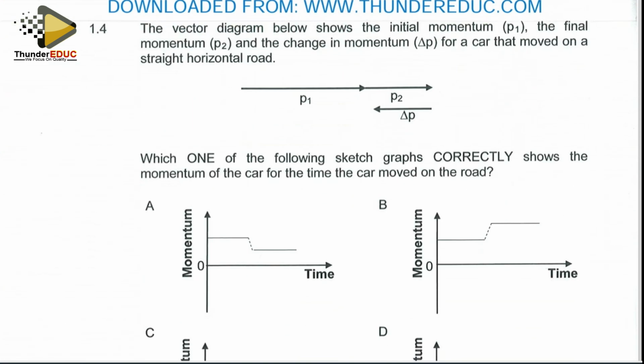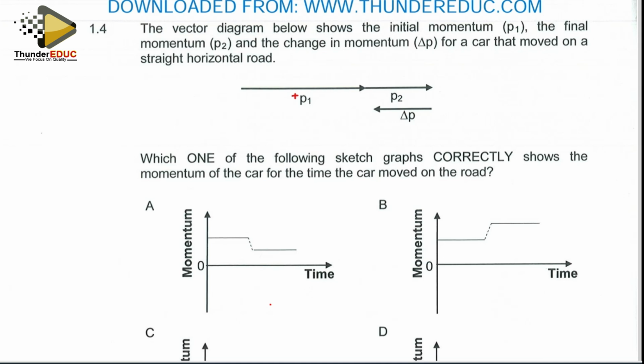Then 1.4, they're telling us the vector diagram below shows the initial momentum P1 and the final momentum P2, and then the change in momentum. With vectors, we know that the length of the line always represents the magnitude. So we know that this magnitude is bigger since the line is longer.